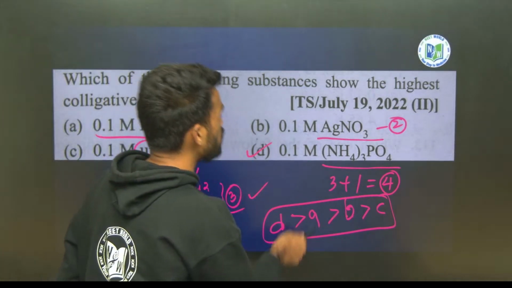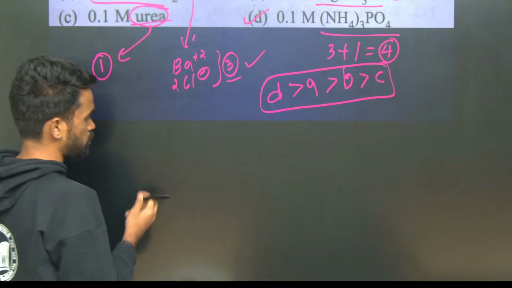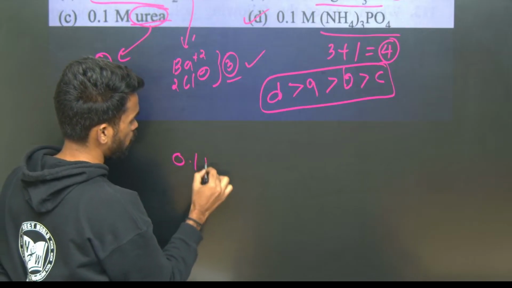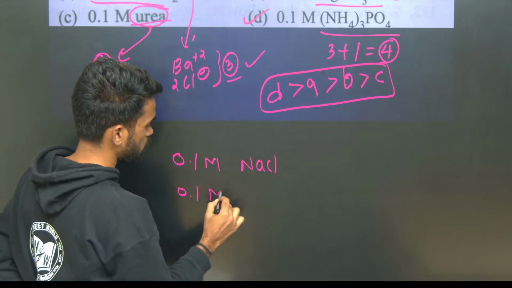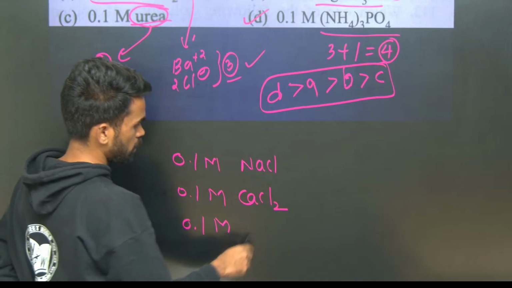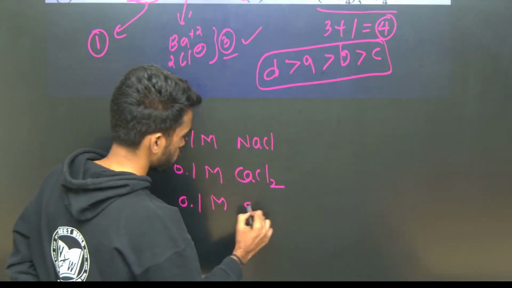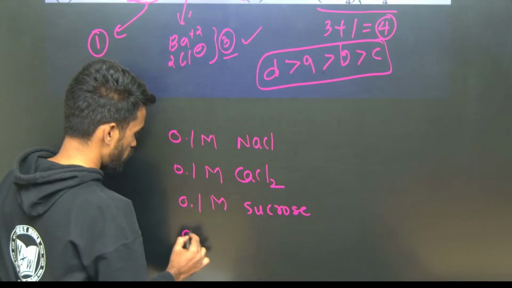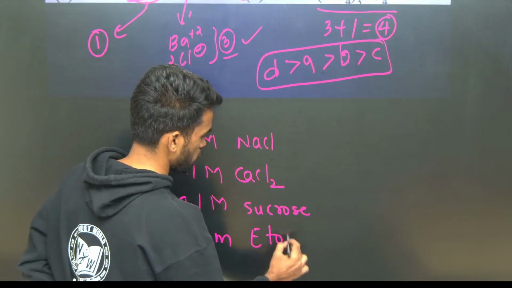Tell me what is the arrangement of colligative properties for these particular solutions. Here I am giving you: first one is 0.1 molar NaCl, 0.1 molar CaCl2, 0.1 molar sucrose, or they will say sugar, and 0.1 molar ethanol, ethyl alcohol.